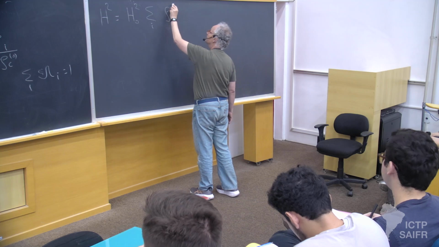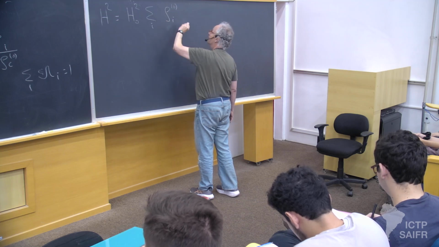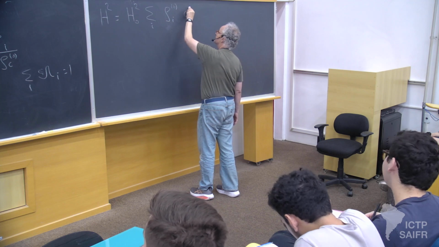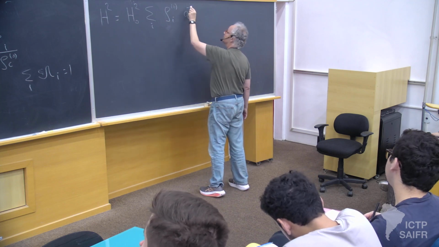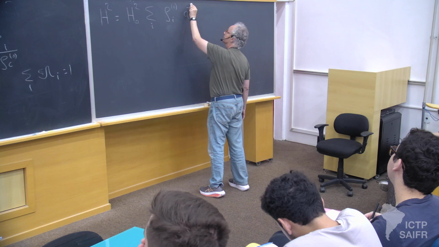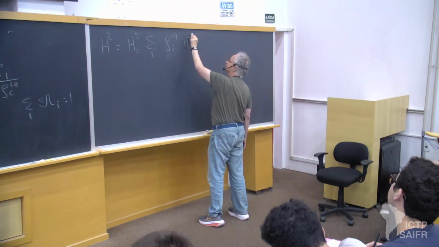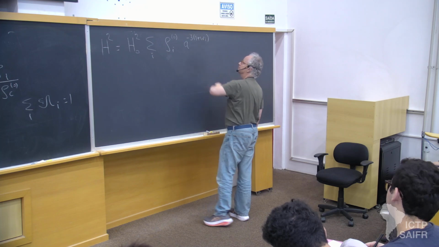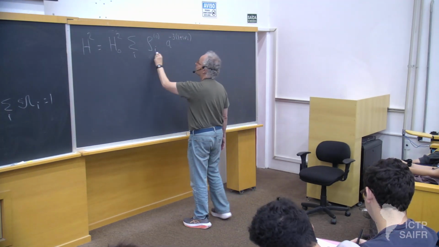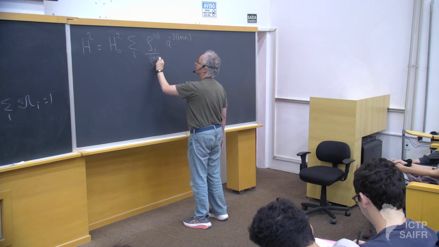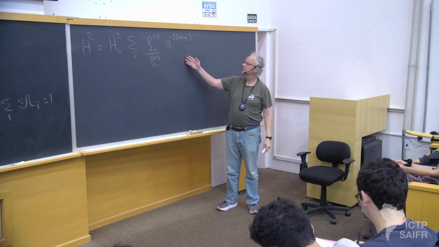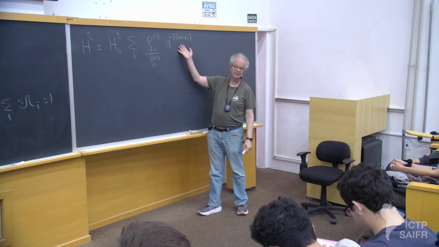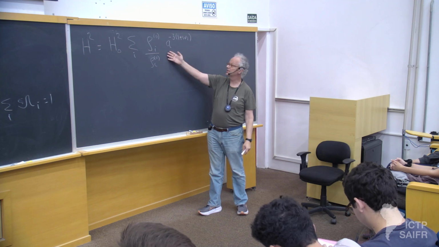So each component, I can write the density as this, with minus the equation of state, basically. So all I did here was to write how each component changes with the scale factor. We saw this last time.